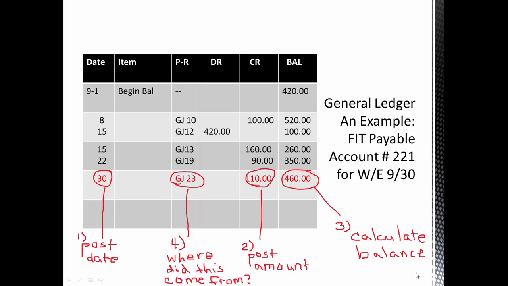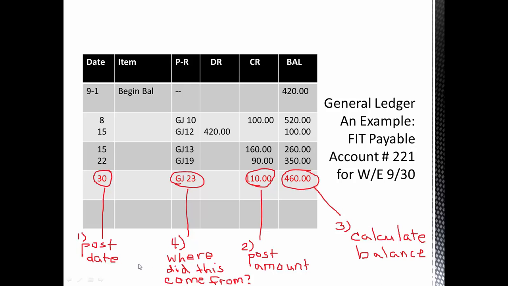So here is an example of FIT payable, account number 221. And we had the total that was withheld from the employees was $110 on September 30th. And we had our journal entry where we had credited FIT payable for that $110.